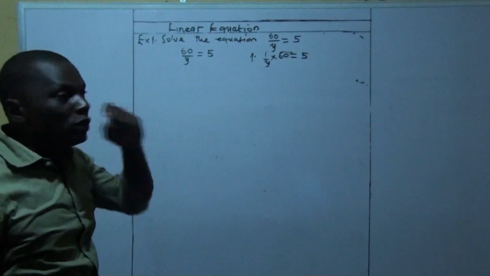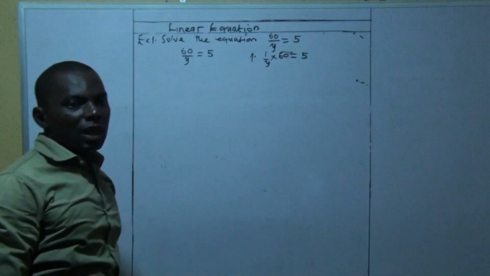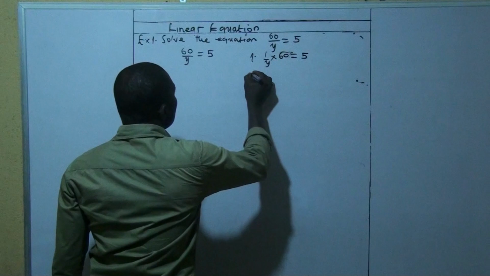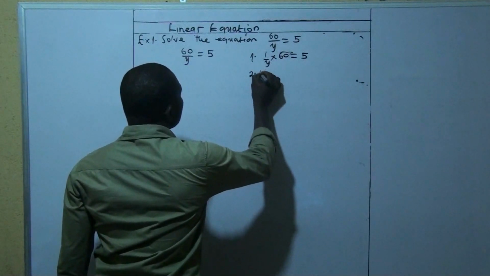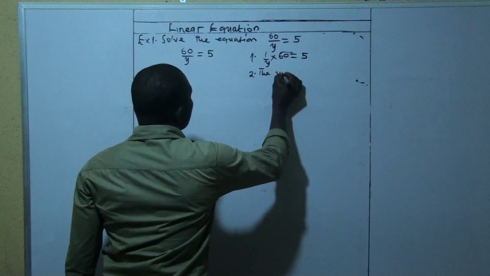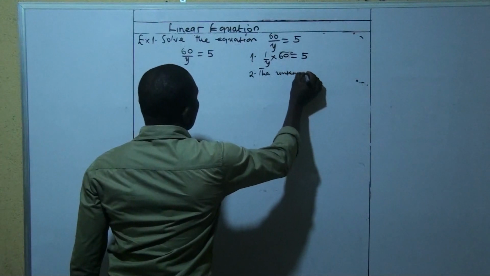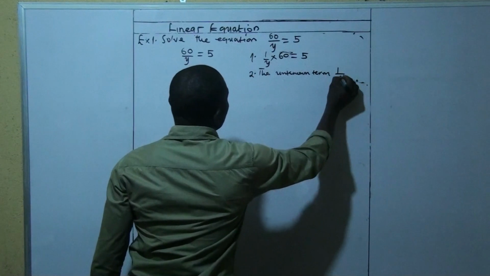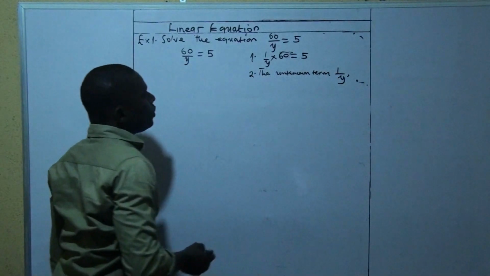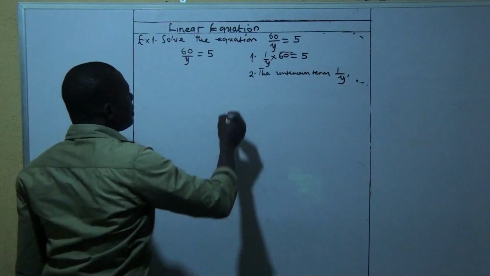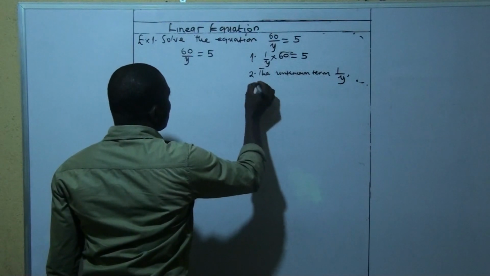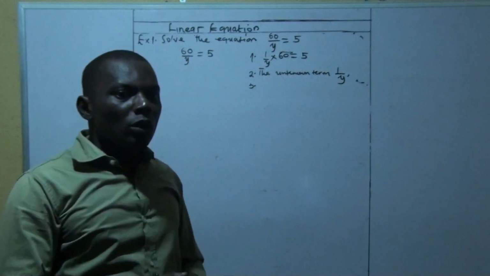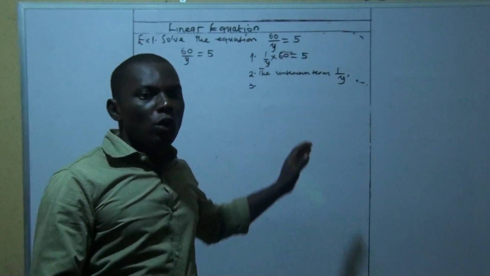That's the first thing we do, we have to separate it. Step 2 says that we should identify the unknown term. The unknown term here is 1 over y. Then step 3 specifies that we should find the constant term not on the side of the unknown.